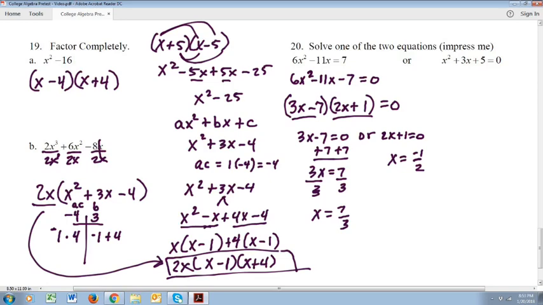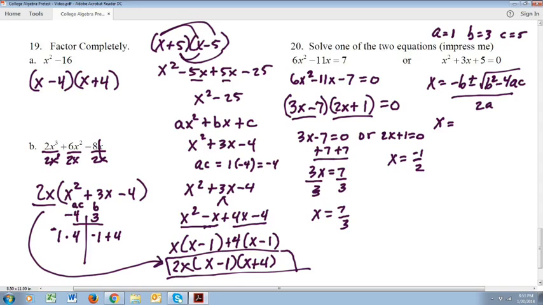Now, if you tried the other one, it doesn't factor. You'd actually have to use the quadratic formula, which is negative b plus or minus the square root of b squared minus 4ac all over 2a. So it'd be, in this case, a is 1, b is 3, and c is 5.